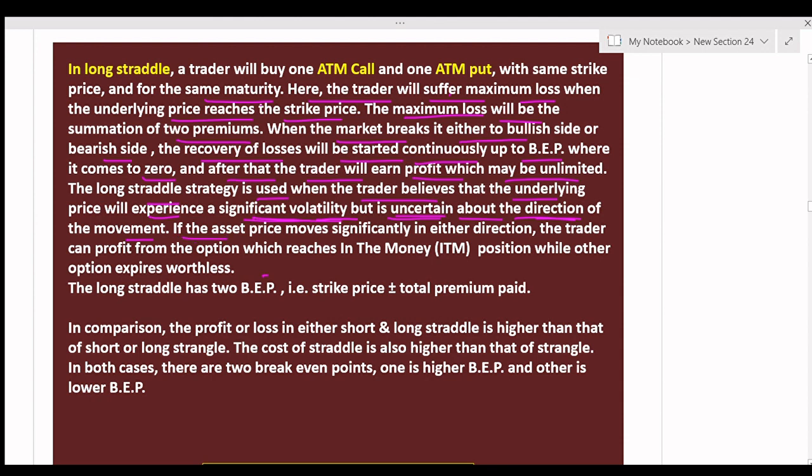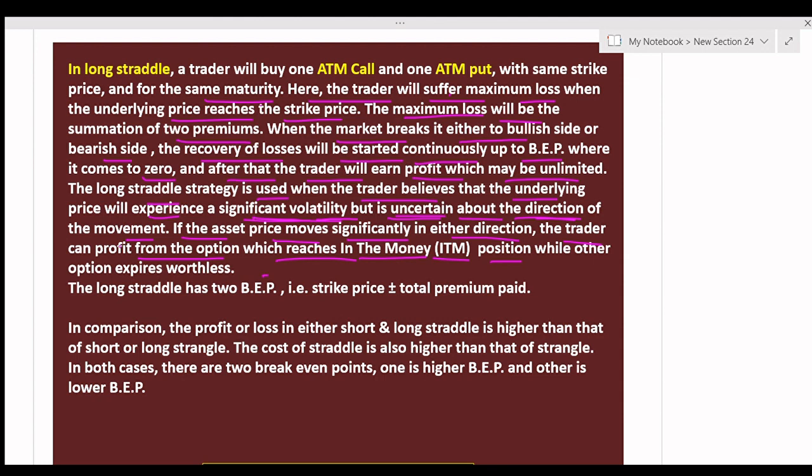So either on the bearish side or the bullish side, he will earn profit, and that may extend up to unlimited. If the asset price moves significantly in either direction, the trader can profit from the option which reaches the in-the-money (ITM) position, either on the bearish side or the bullish side, while the other option expires worthless, because one option he will earn on and the other expires worthless.